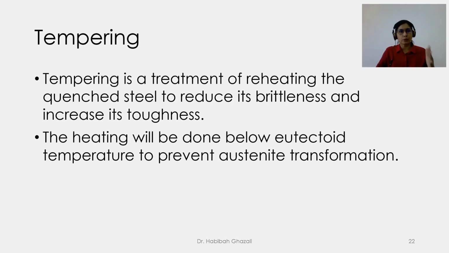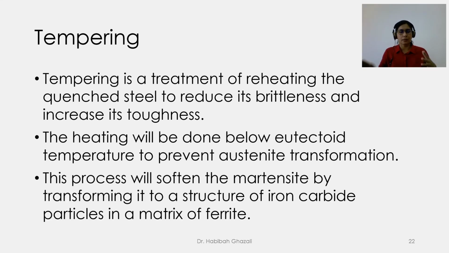However, during this process of tempering, this martensite will be softened as some of the carbon atoms in the BCT crystal structure diffuse out and form cementite and ferrite. Some will still remain in martensite, but some will transform into cementite and ferrite.